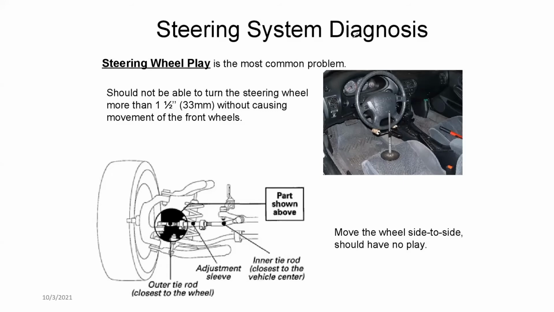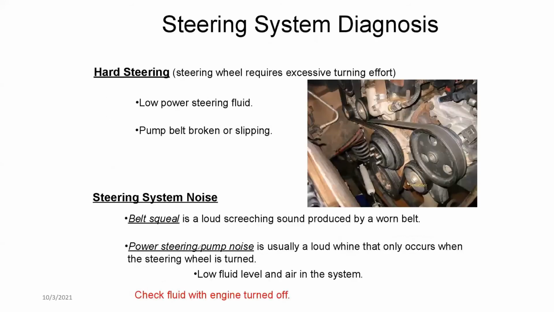If it is more than that, it could end up being very unsafe. Those things have to be fixed. If it is more than that, usually the steering ball joints and the tie rods and those components are worn out. Those need to be replaced, right?